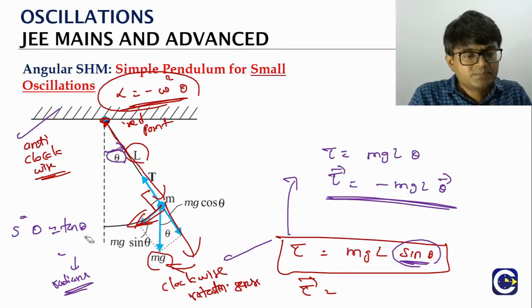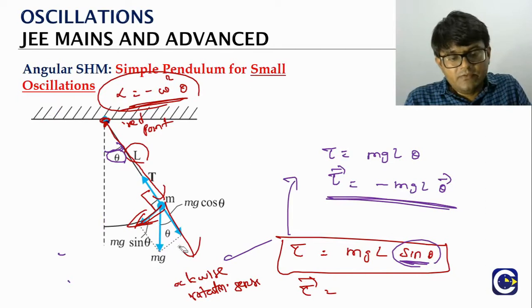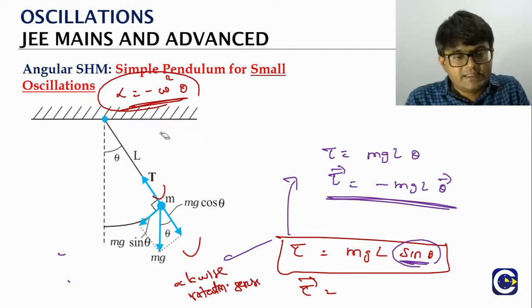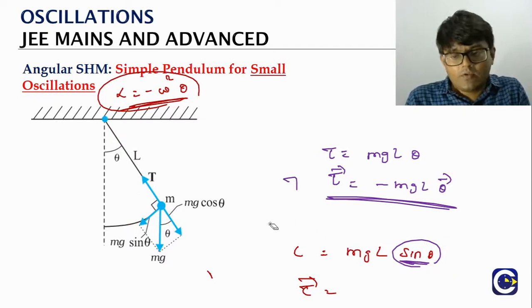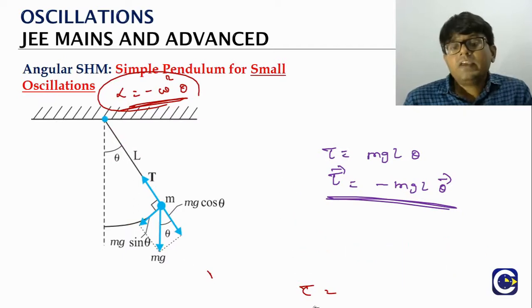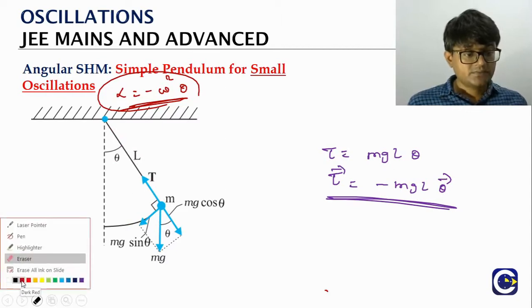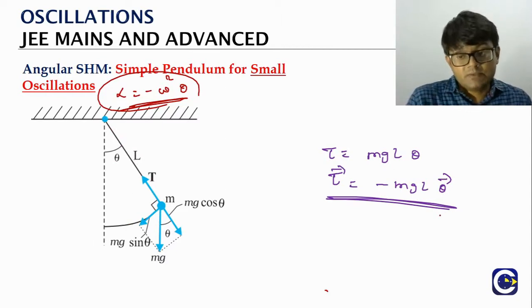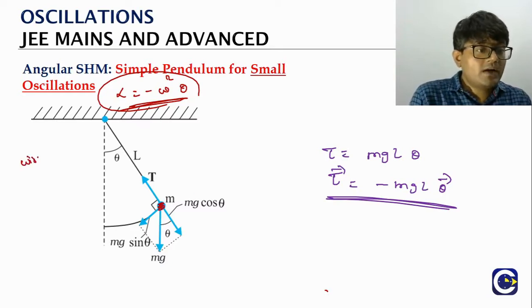Vice versa, if we give an angular displacement clockwise, then the restoring torque will be anti-clockwise. So what we have here is the torque is equal to minus mgl into theta. So remember the assumption we made, the wire or the string or the rope is what?